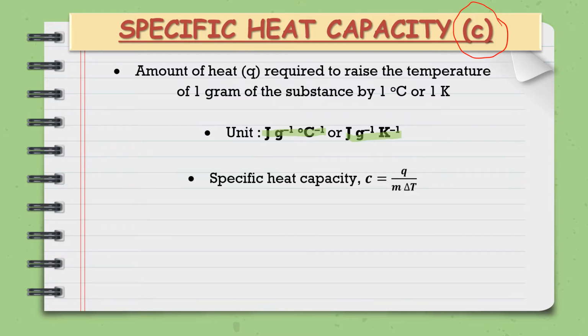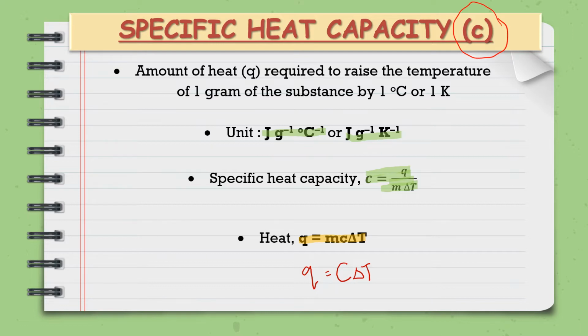Okay, next, the equation to find the specific heat capacity. c equals Q, the amount of heat that we have, over mass times its change in temperature.